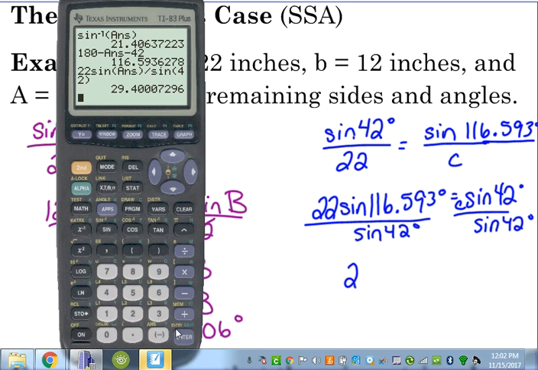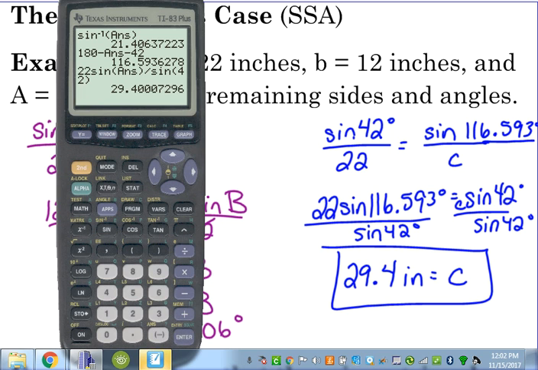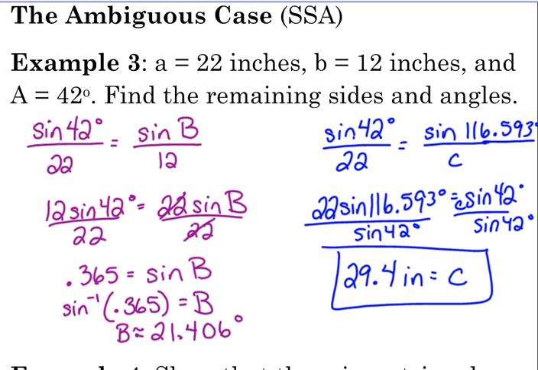That does give us C, 29.4 inches, because they gave us units in the beginning of the problem. So we've got C there. This is angle C. I didn't label it. I'm just going to box it up there, and there's angle B. Those were all the missing parts.